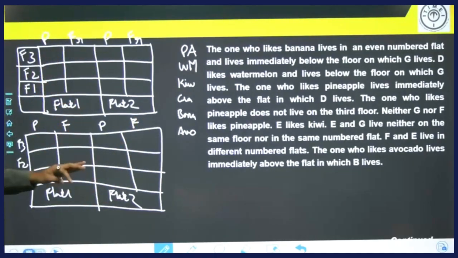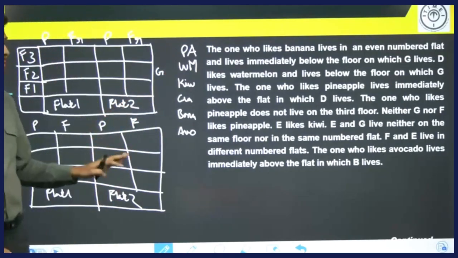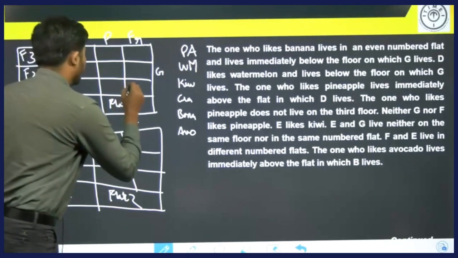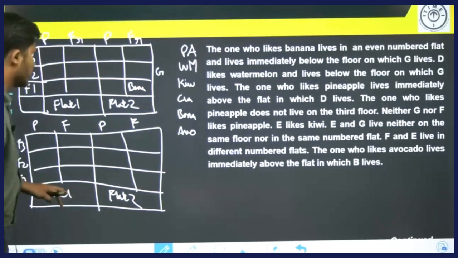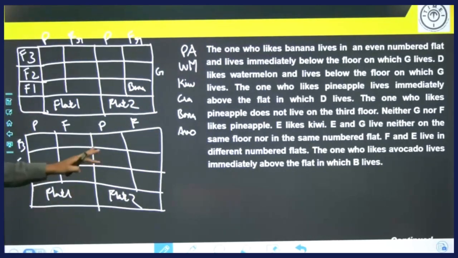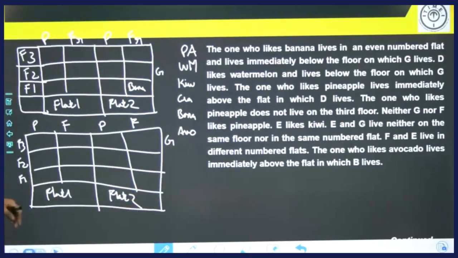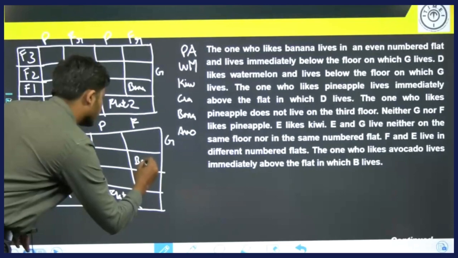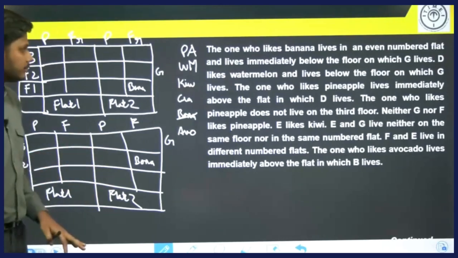So in case 1, let's consider G lives on floor 3. We don't know in which flat G lives, and the person who likes banana lives in flat 2. In the second case, G lives on 3rd floor, and the person who likes banana lives on floor 3. We got banana. Okay, these are the 2 cases.